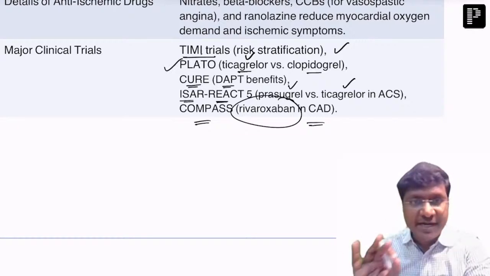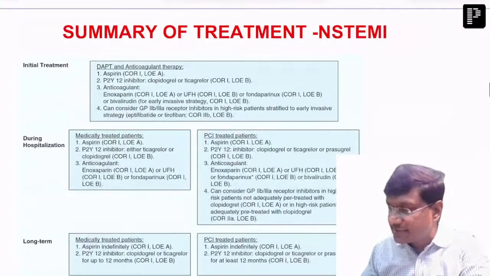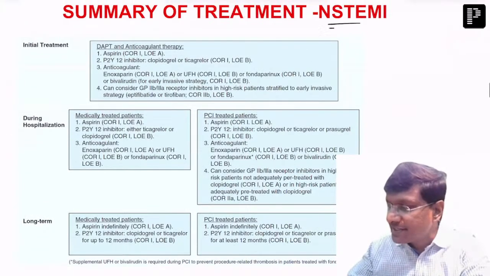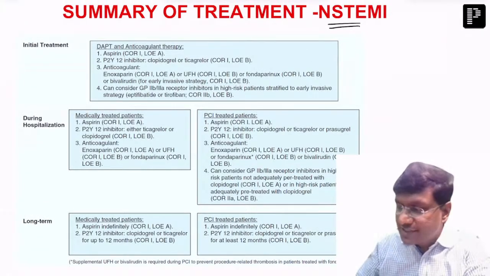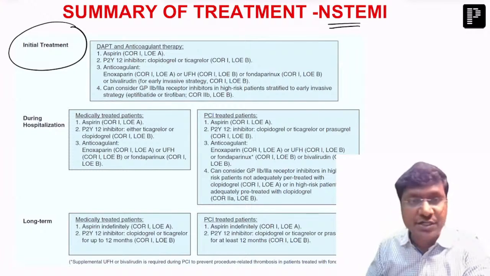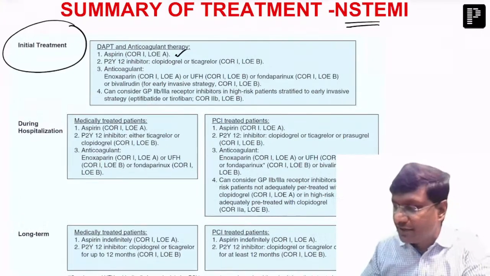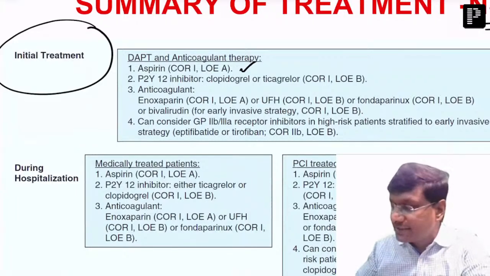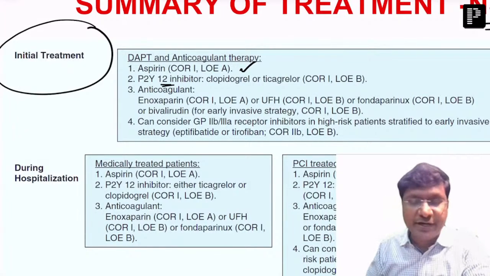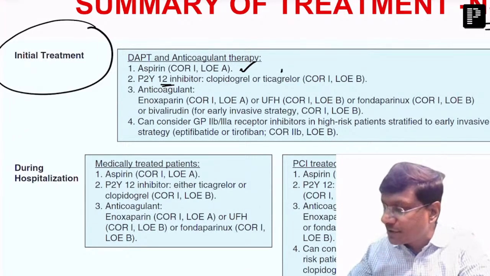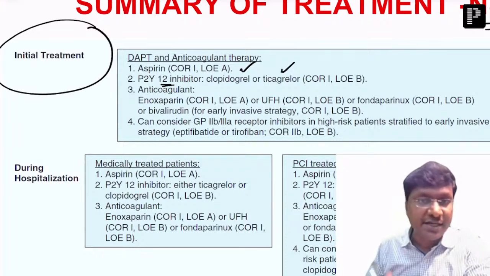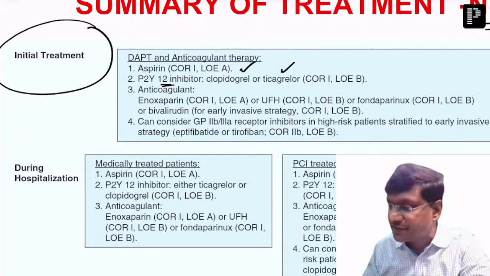So to summarize the treatment of the NSTEMI, what is the initial treatment? Aspirin should be given. Followed by that, you need to add the P2Y12 inhibitor. Ticagrelor is more preferred than clopidogrel in patients with NSTEMI.